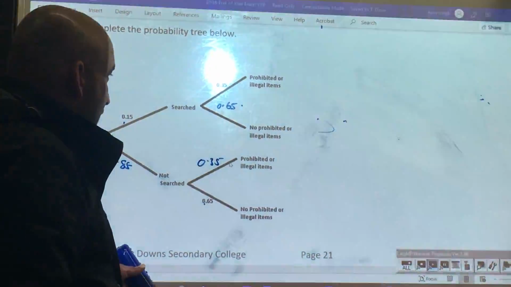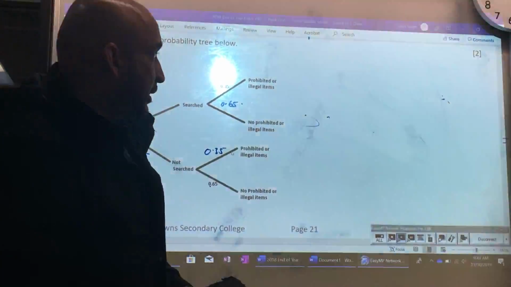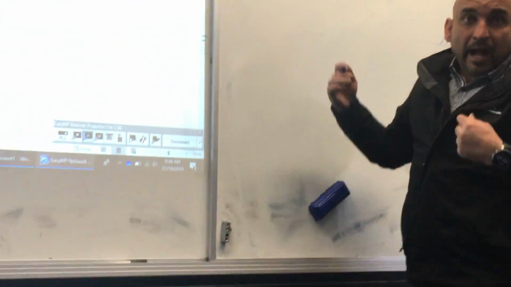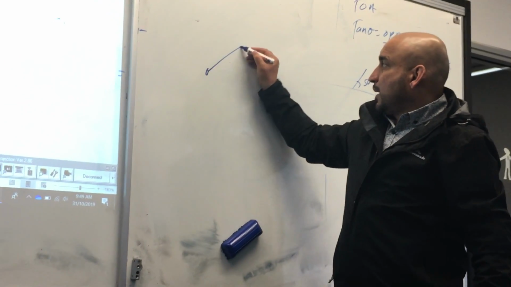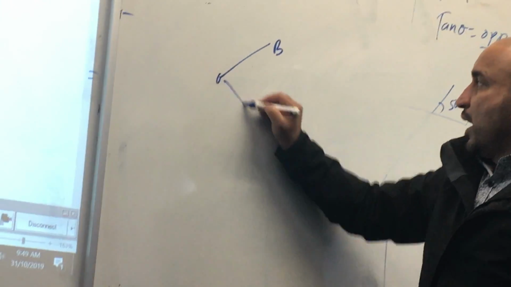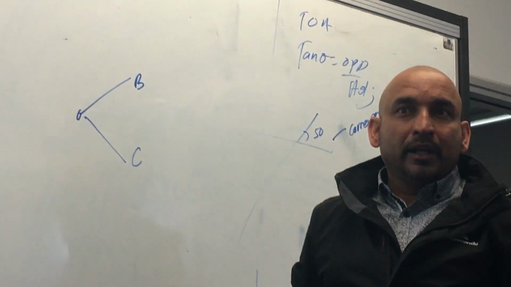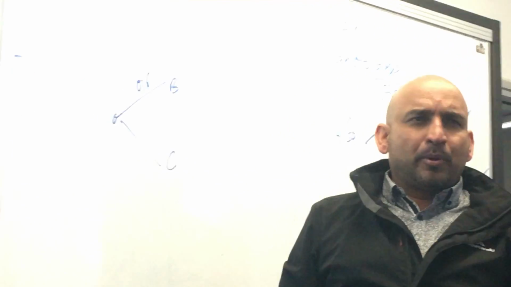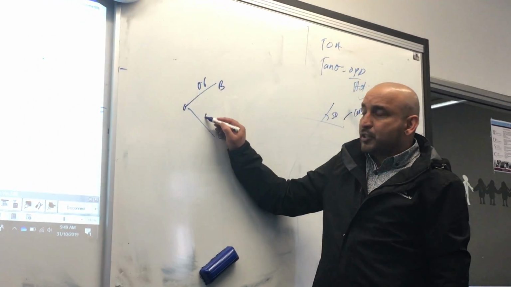I'll make a simple example here. I am either coming to school by bike, or I come to school by car. The probability that I bike to school is 0.6, so the probability that I come by car will be 0.4.